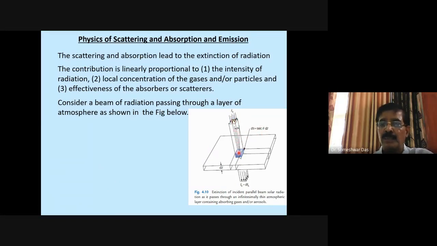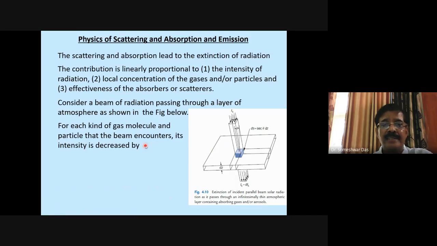As it passes through, depending upon the presence of aerosols, dust particles or clouds in this layer, the beam will have extinction and decrease. This is indicated by I lambda minus d I lambda, where I lambda was the incident radiation before passing through the layer, and d I lambda is the extinction because of the aerosol particles in this layer of the atmosphere.